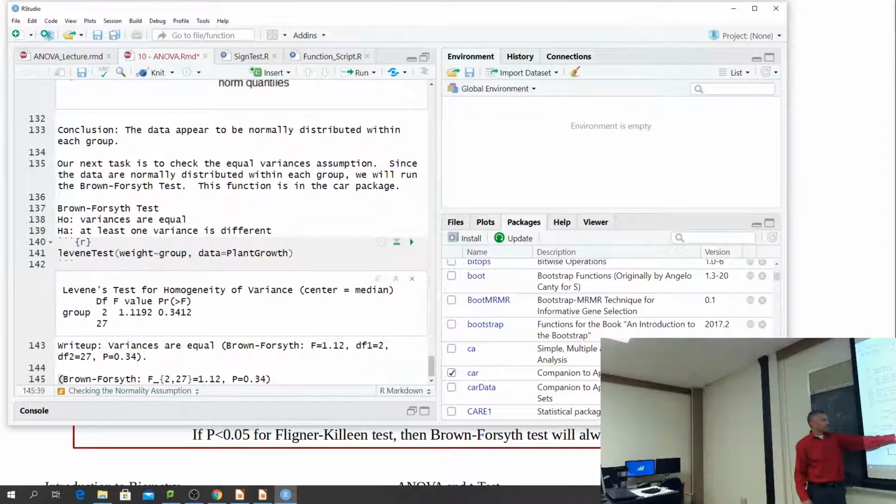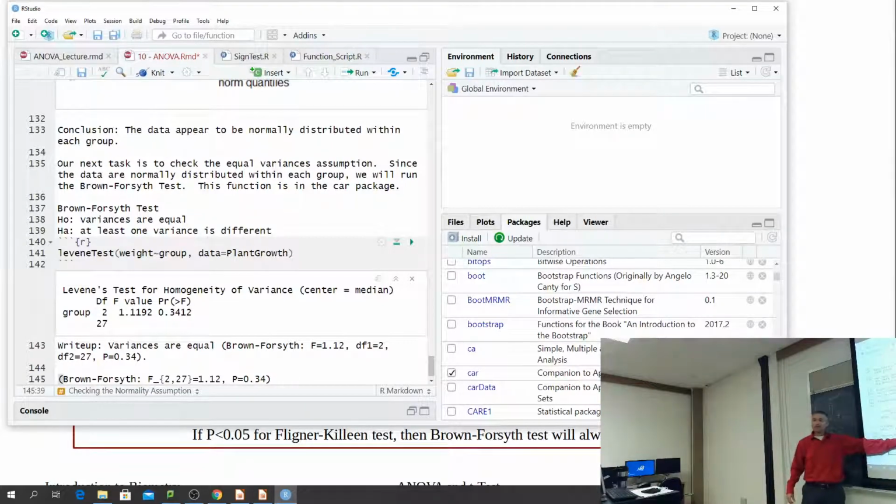In R, in this markdown language, usually I can use the underscore to represent a subscript. There's some other ways to do it; I think sub HTML markers can also do it. But in the subscript, I would write 2,27. So it would appear as a capital F, and then in subscript, 2,27.